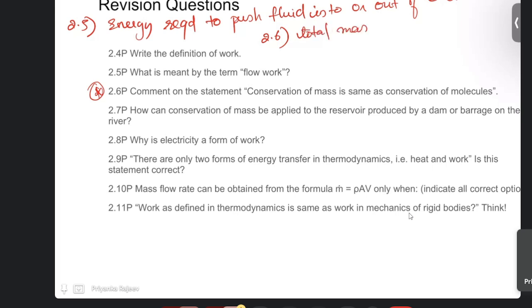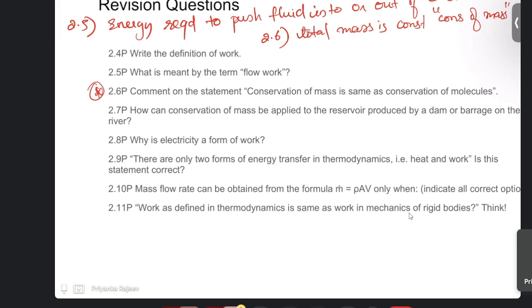Now, conservation of molecules means what? If you have a system with this many molecules, then that number is not going to change. That is not true, right?